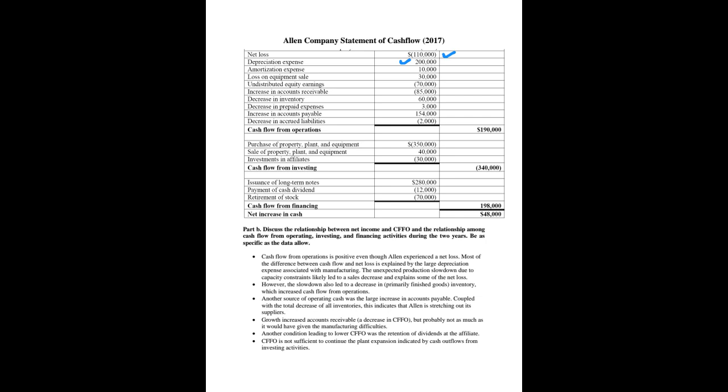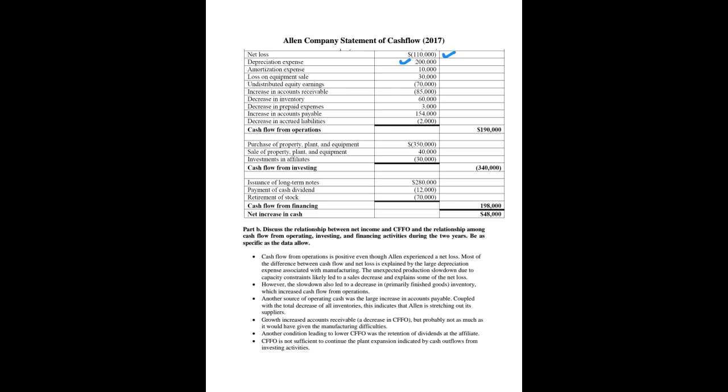Another important piece of information is that in the opening paragraph of the question, they clearly reported that the company's sales have decreased, and when sales decrease, of course, it is difficult for the company to meet its operating expenditures. So that's another source of losses for the company. And we also know that the production capacity has slowed down because of inefficient equipment.